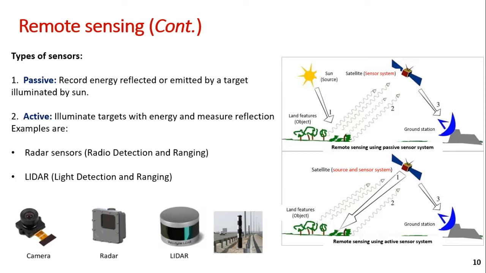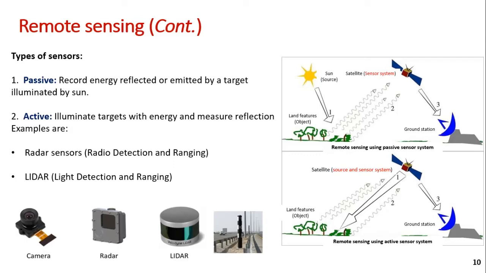So what is an active sensor satellite? If you look at the second picture, you would see that this satellite now has a sensor that does two functions. Number one, it sends light. It's a source of light illumination. And secondly, it's a sensor that records the reflected or the emitted energy.